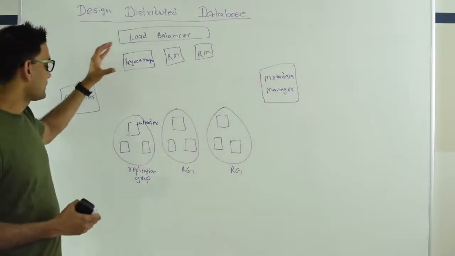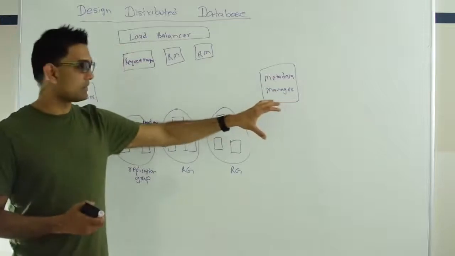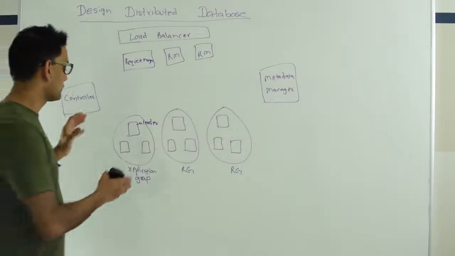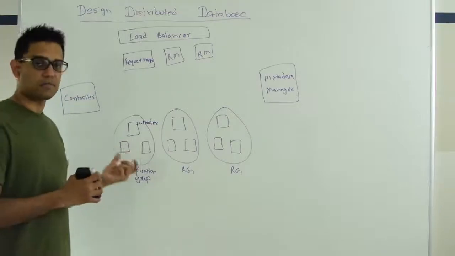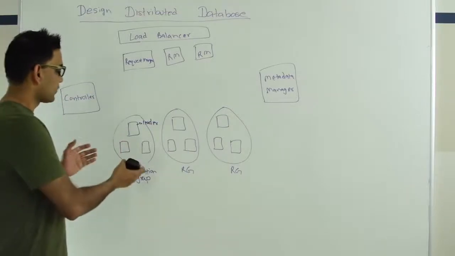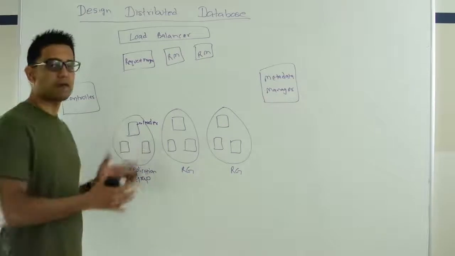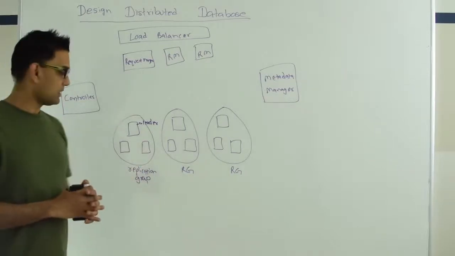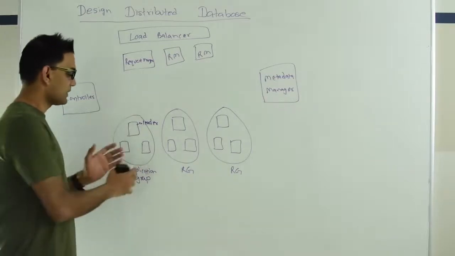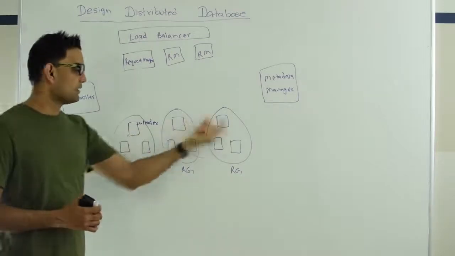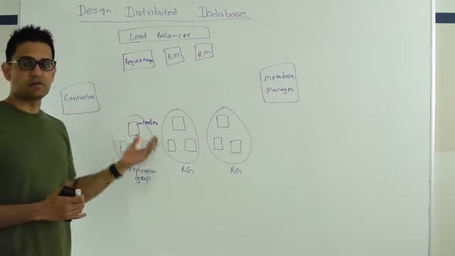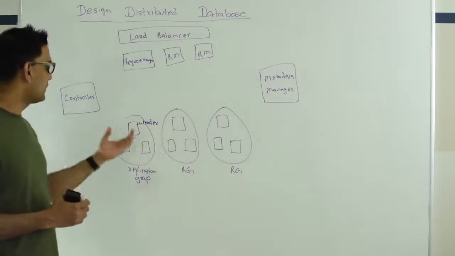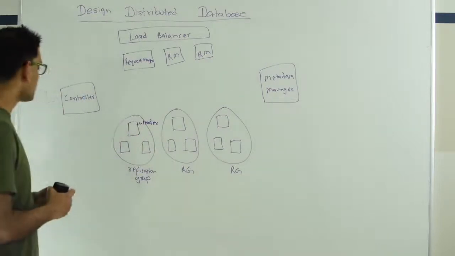And then the request manager, after consulting with the metadata manager, sends a request to the replication group which is the owner of that part of the table. A replication group consists of 3 or 5 nodes for redundancy purposes, and in each replication group we have one leader. The request manager will talk to that leader and will do the get or the put or the list operation.